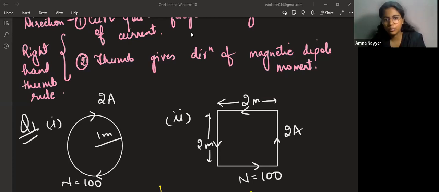Anti-clockwise, this is given to you, Samaira. Anti-clockwise is the direction of current. I am asking you the direction of magnetic moment. Just now I have told you. So yes, Anna is right. Others also? Yes, Samaira, right?